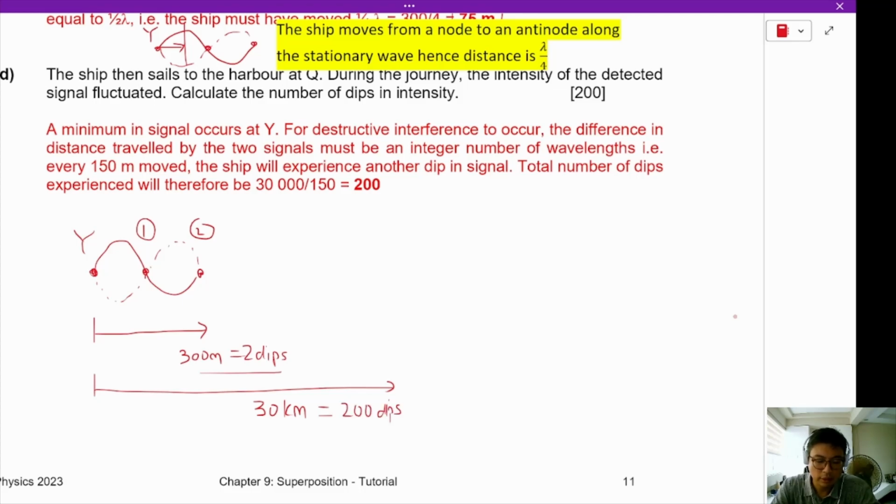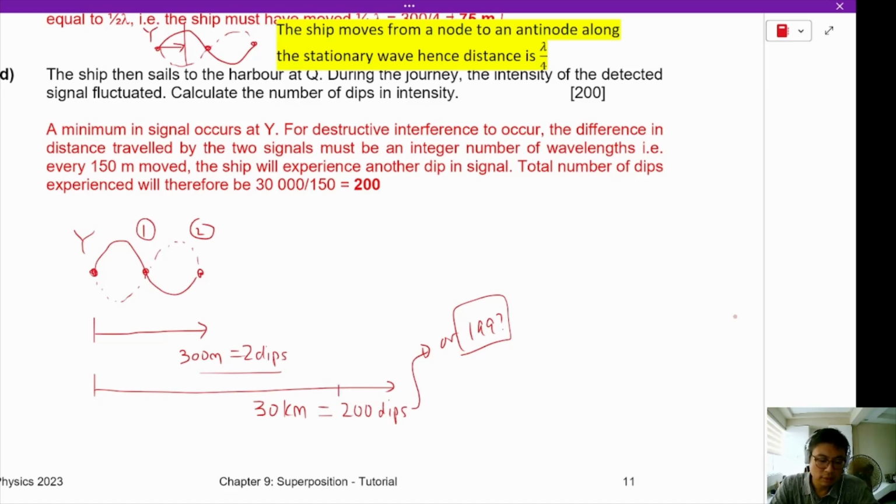Okay, 200 dips, which is a bit debatable. Is it going to be 200 dips or is it going to be 199? This is something that we can discuss in class, because the last position of the speaker, is it going to be a node or is it going to be an antinode? That's something that we can discuss together.